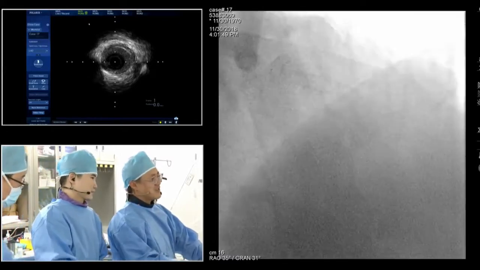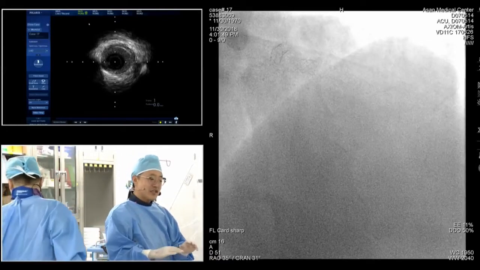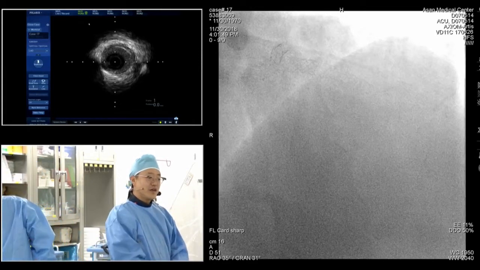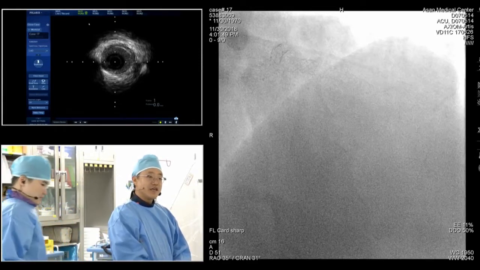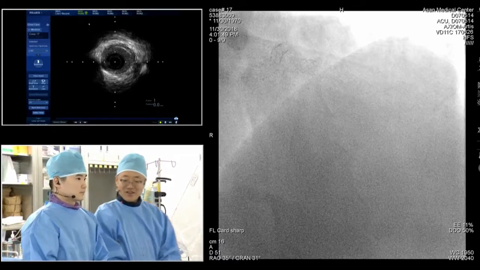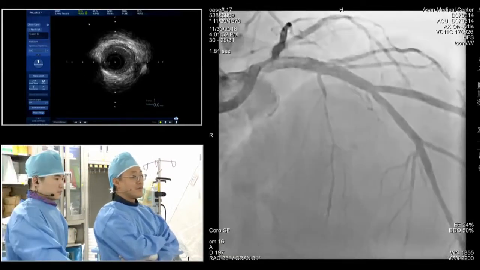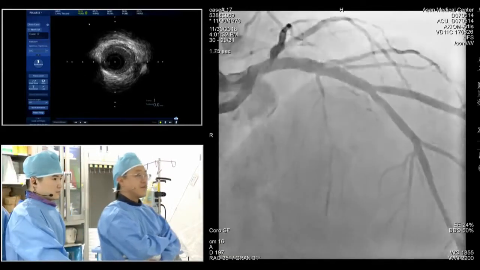Did you do IVUS at the index procedure? Yeah, right. Exactly. Almost all cases we did IVUS-based PCI, especially for left main and complex cases. Theoretically, there was a stent underexpansion at the ostium of the circumflex.